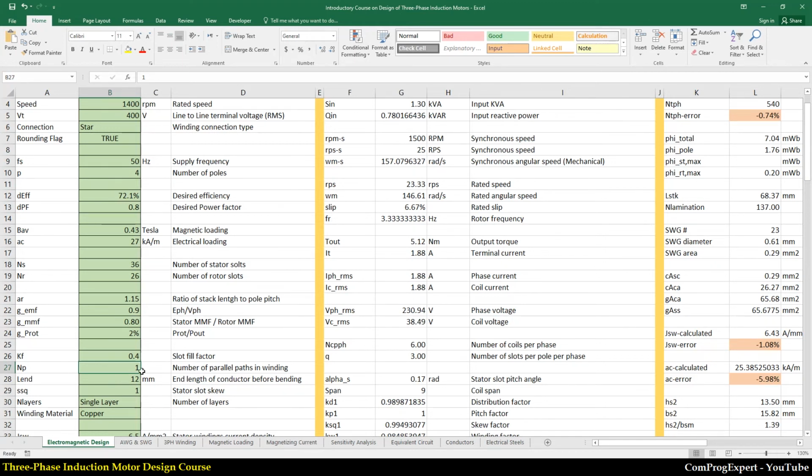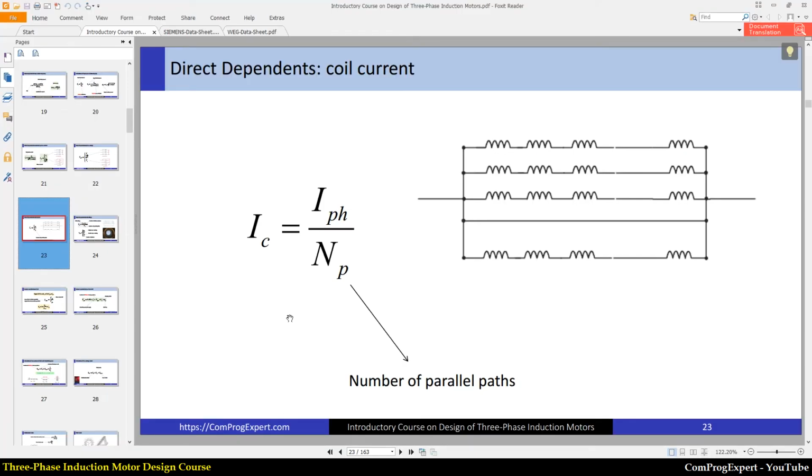So I set this number equal to 1, and as you know, the RMS value of the coil current is equal to the RMS value of phase current divided by NP when we have a symmetric winding, right? In this figure, all coils have the same number of turns and the same electrical parameters, so we can write this equation.